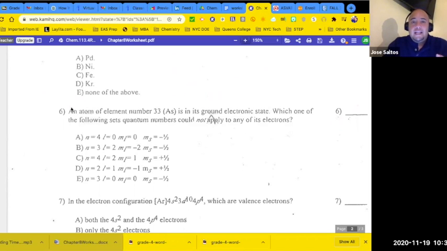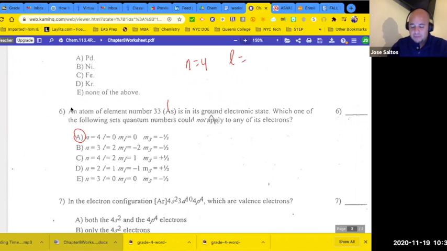So far we have seen that, when we have sets of quantum numbers, we want to make sure of which ones actually make sense, right? So you could take number 1, for example, and start figuring this out. You will say, okay, if I have n equals 4, what are my possible L's?